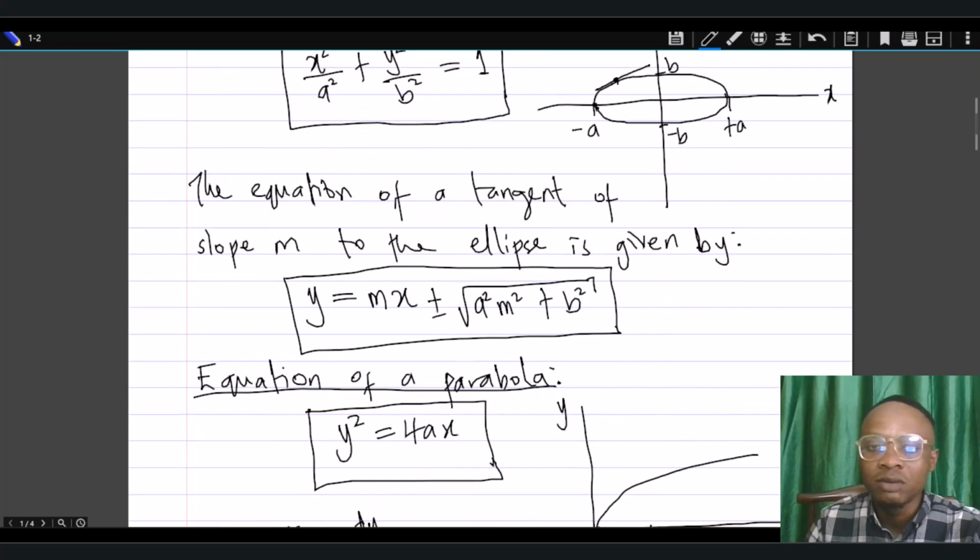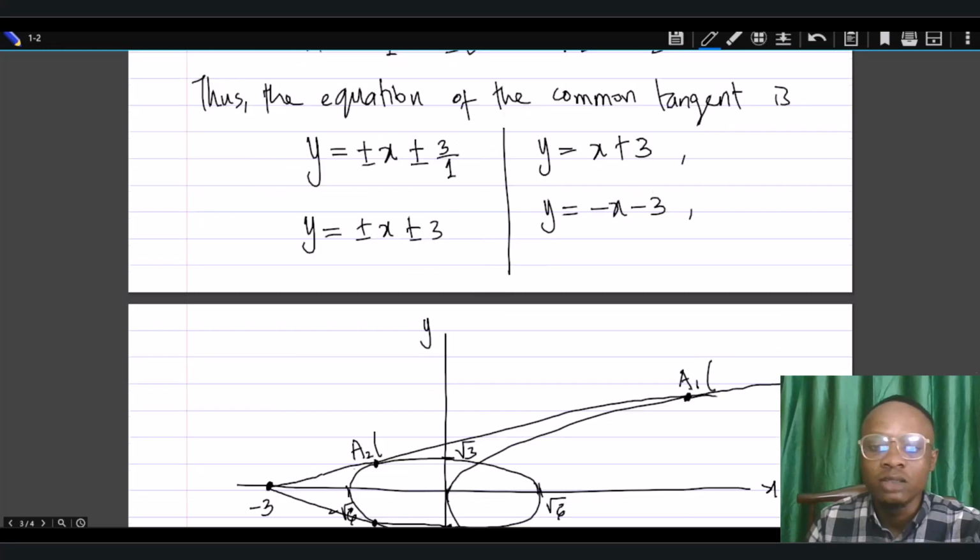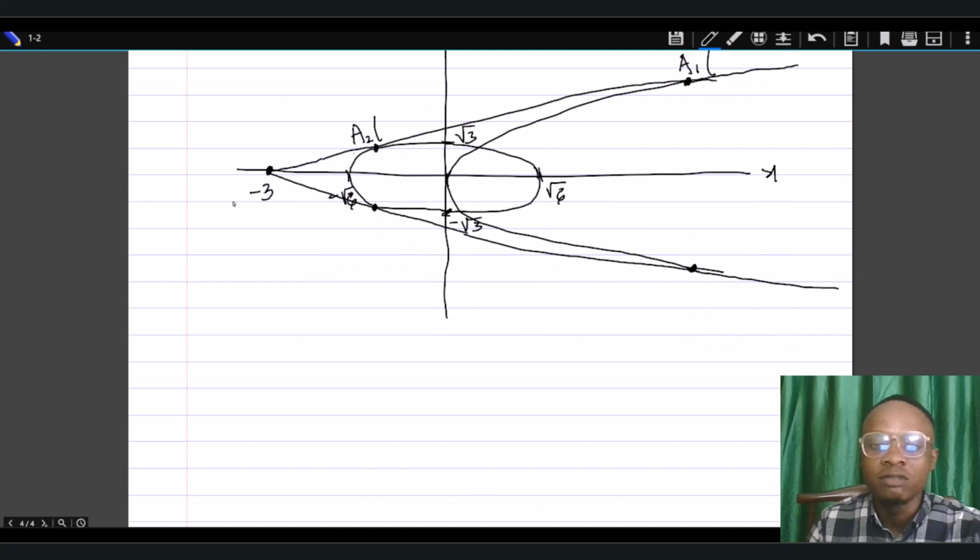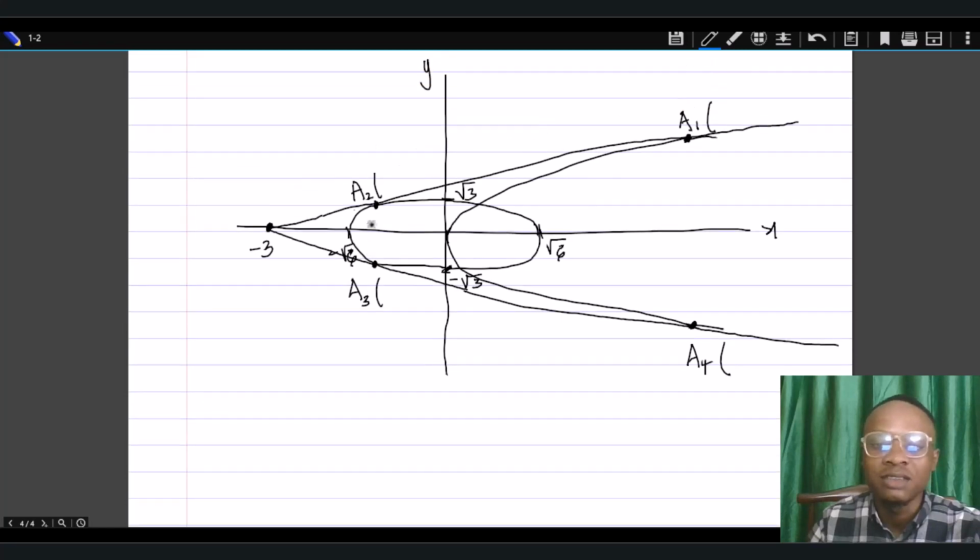So this is A4, and this is A3. We'll come back to find out their coordinates. So it goes A1, A2, A3, A4, in that order.